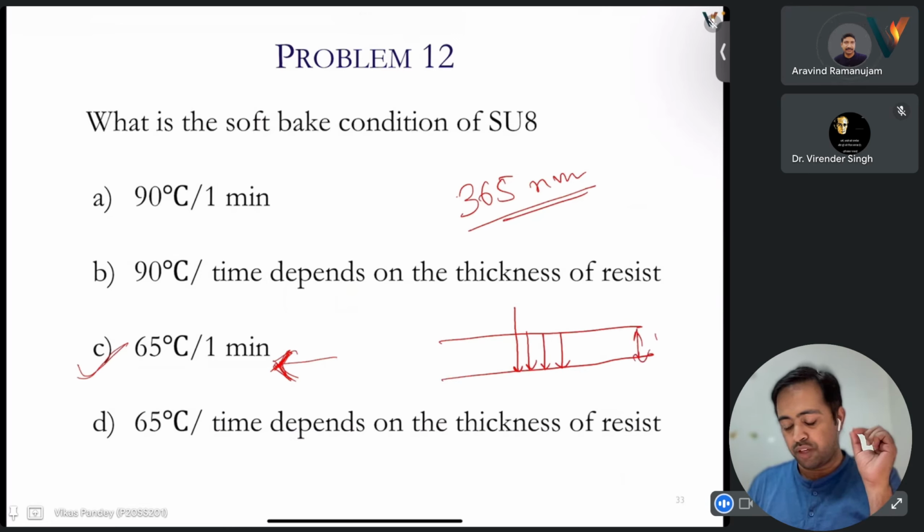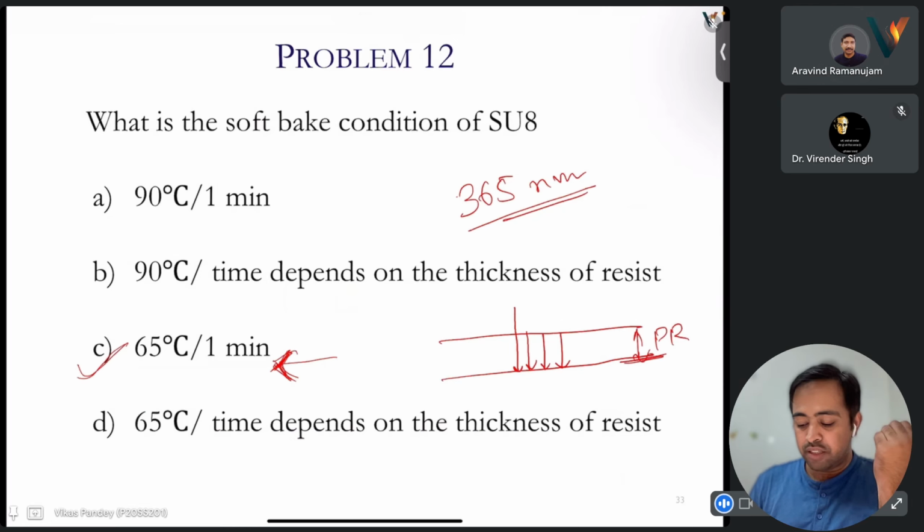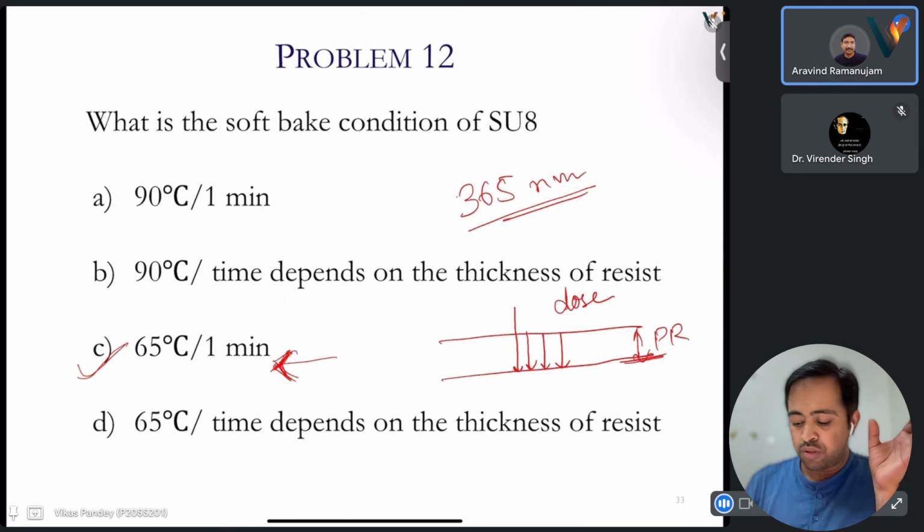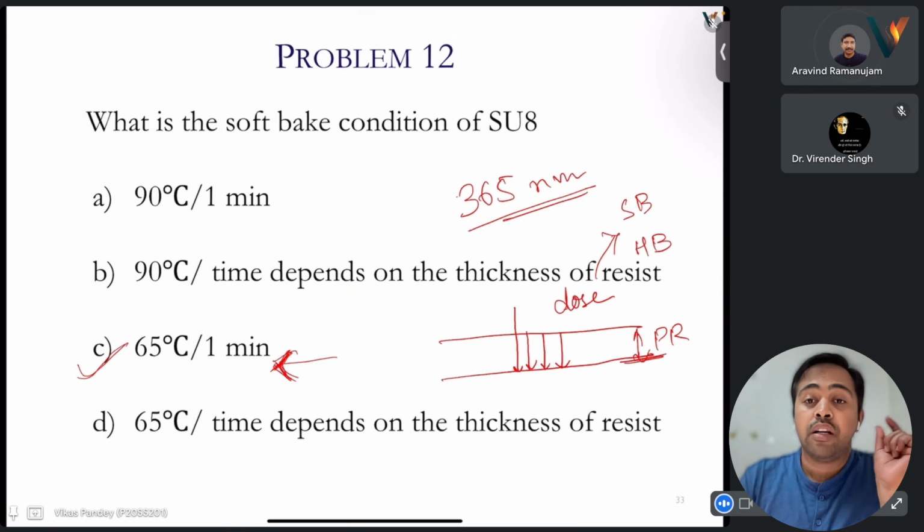For that there is something defined as dose of the photoresist.